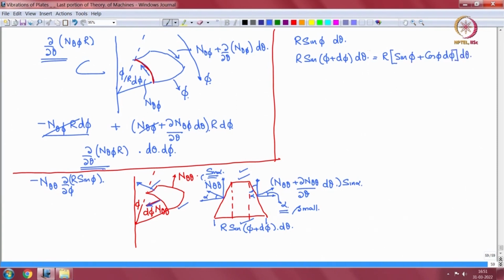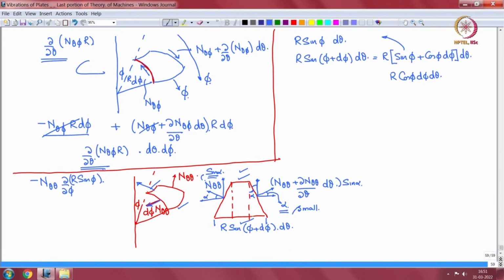So the difference between these two is r cos phi d phi d theta. That is the difference.